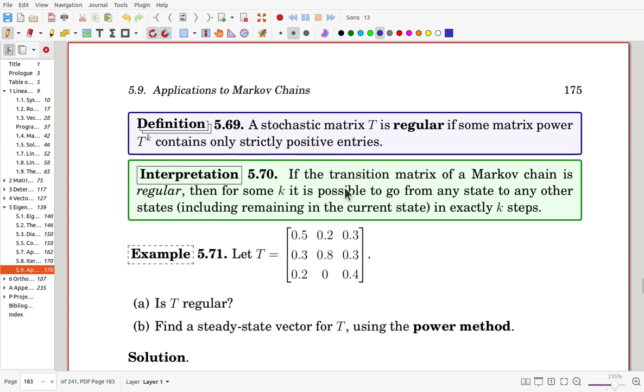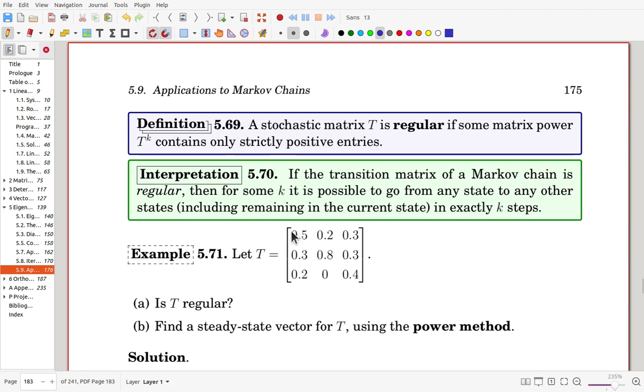Once it is regular, after k steps it's possible to go from any state to any other state, because every entry is strictly positive.